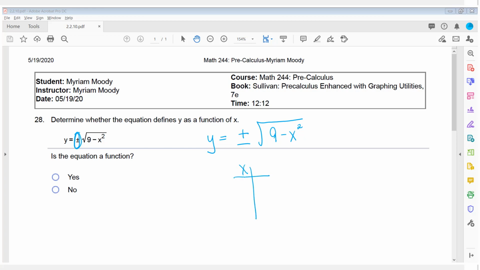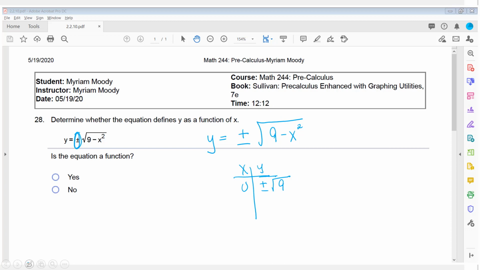If I plug in 0 for x, that means you would have plus or minus the square root of 9, wouldn't you? Because the x being 0, 9 minus 0 would just be 9, wouldn't it? Okay, well, what's the square root of 9?